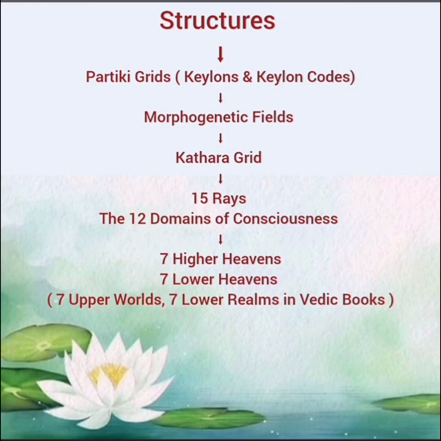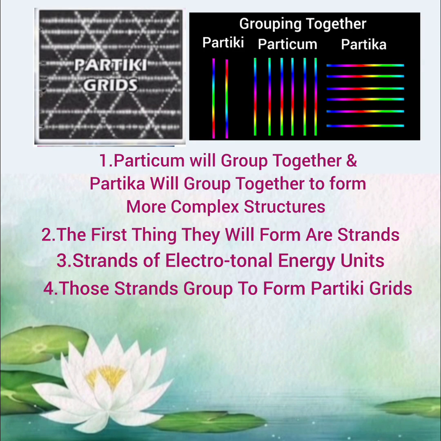So what does the partiki grid mean? Basically it is the fabric of the morphogenetic field structure. The partiki units group together to form interwoven strands. So the partiki grid is composed of partiki units, grouped by like polarization.